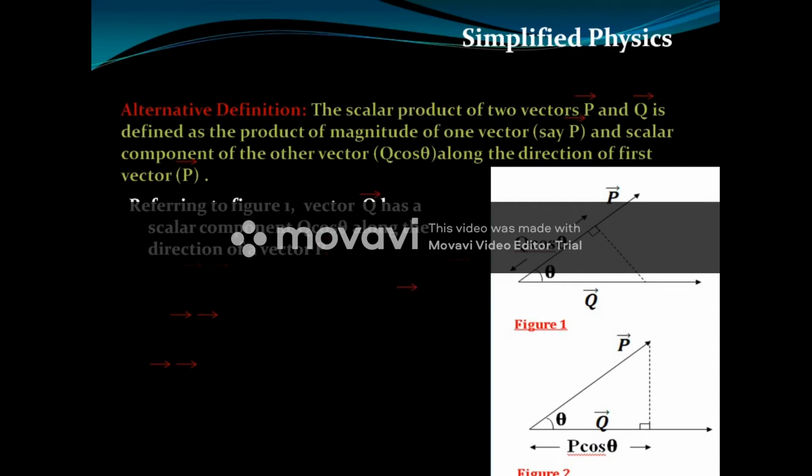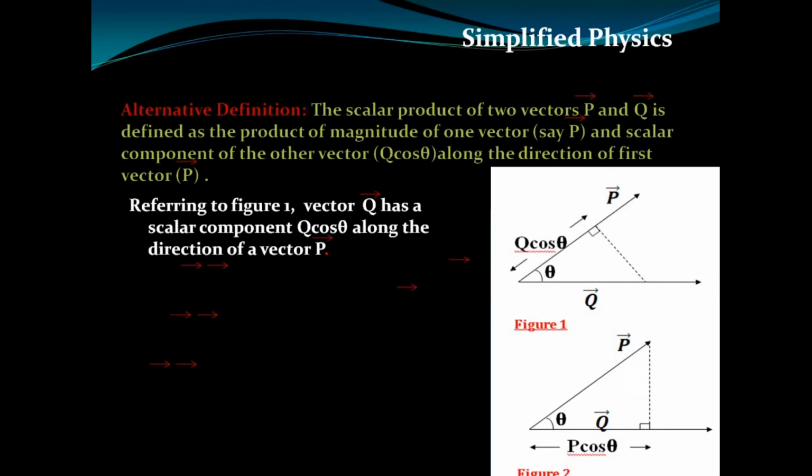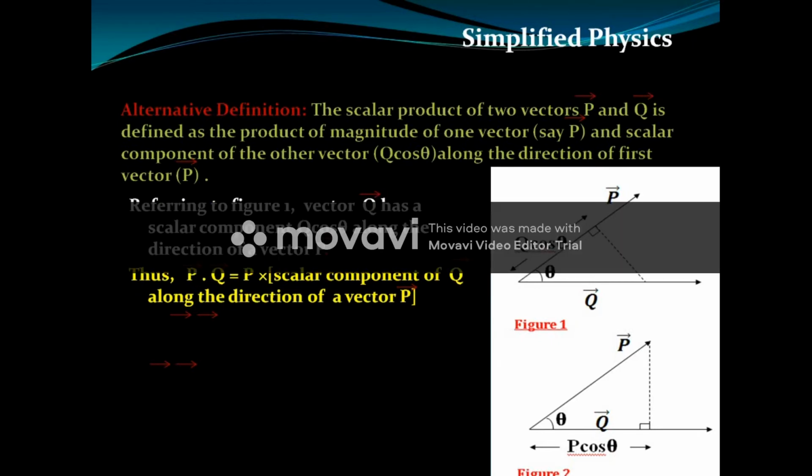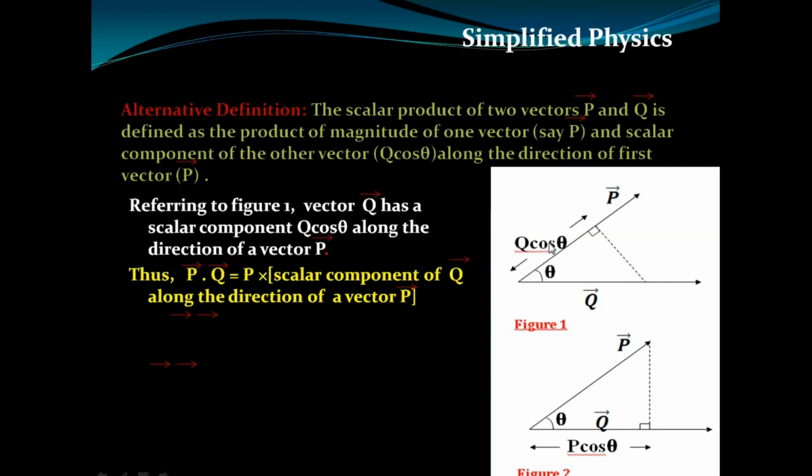Referring to the first figure once again, q vector has a scalar component q cos theta, as indicated in the figure, and q cos theta is acting along the vector p. Then p dot q vector is the magnitude of the p vector times the scalar component of the vector q along the direction of the vector p, that is q cos theta.